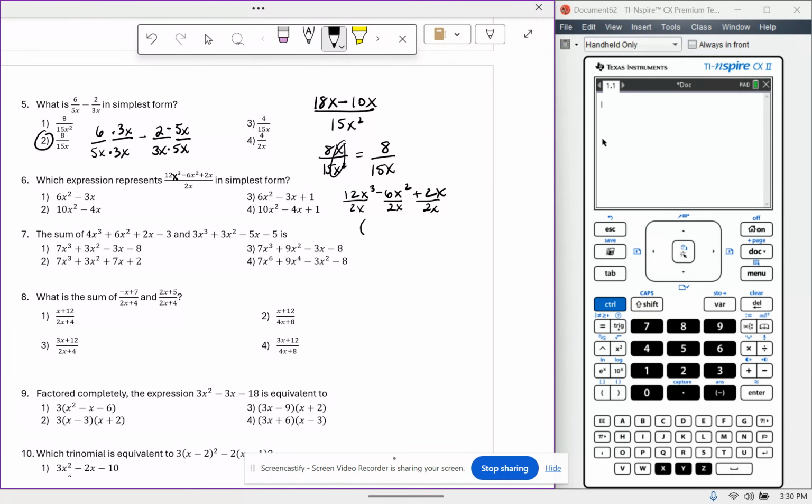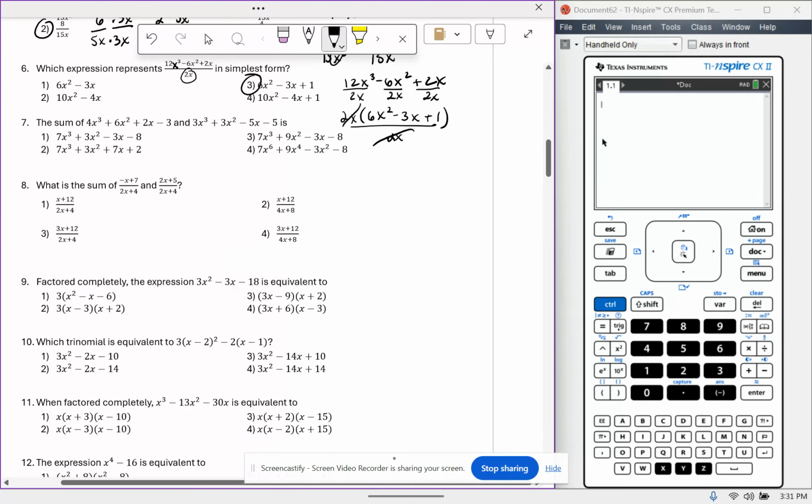That leaves me with 6x squared minus 3x plus 1. There's a 2x out front and a 2x in the bottom. That came from the original problem. These would cancel, and we would be left with answer choice 3.